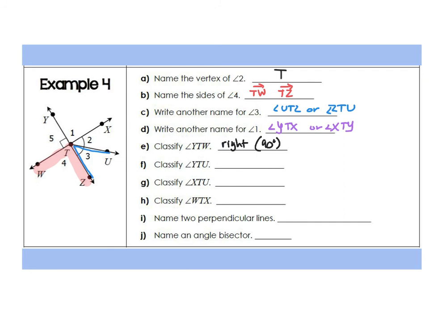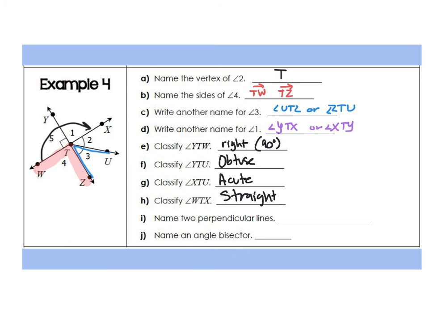That one's more than 90 degrees, so that would be an obtuse angle. XTU looks less than 90, so that would be acute. WTX, that's this one right here, looks like a straight line, so that's a straight angle.